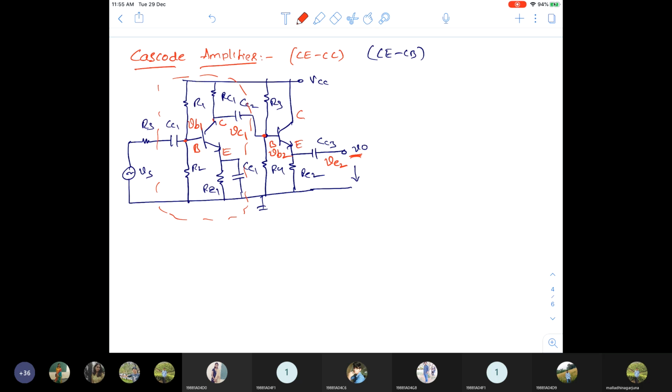So VB1 is the input of the first stage, VC1 is the output of the first stage, VB2 is the input of the second stage, VE2 is the output of the second stage. So these four: VB1, VC1, VB2, VE2.